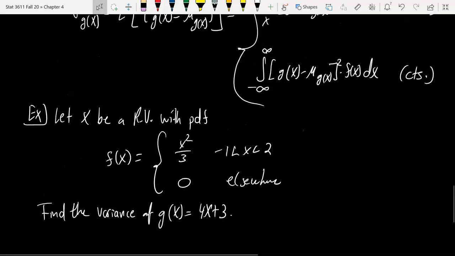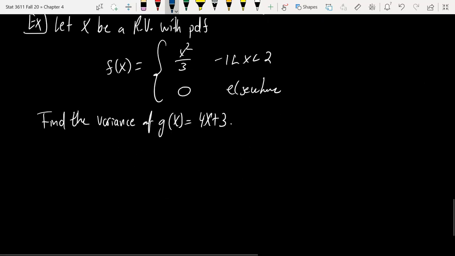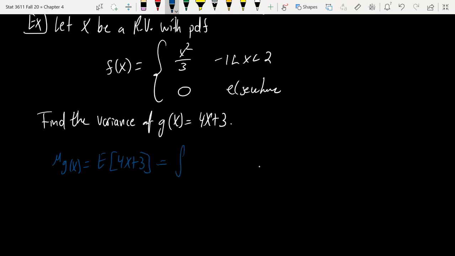So in order to find the variance, we need to know what the mean is, right? We're going to need to know the mean of g of x. So first, let's make sure we can tackle that. The mean of g of x is the expected value of 4x plus 3, which according to the definition of expected value would be the integral of 4x plus 3 times x squared over 3 dx.